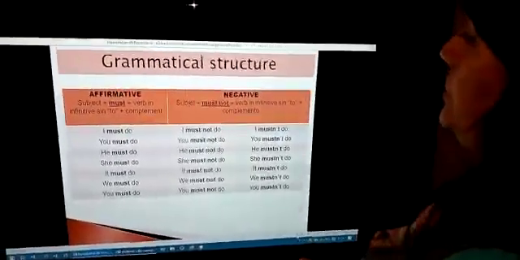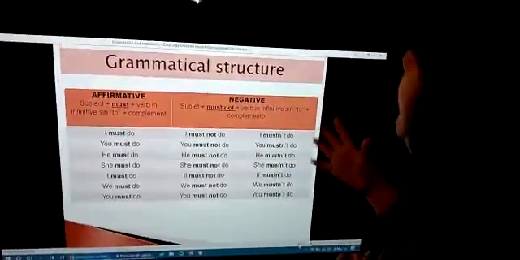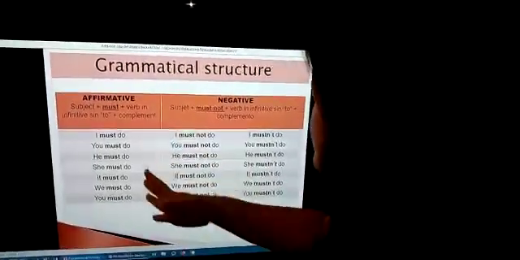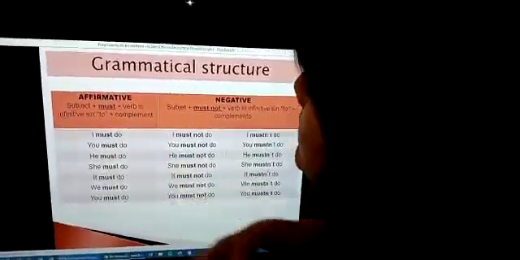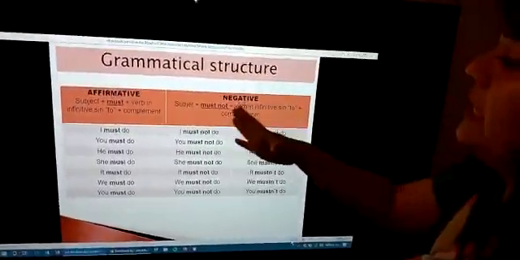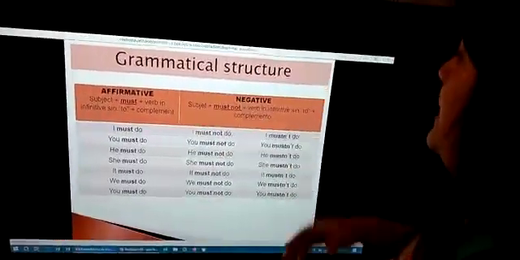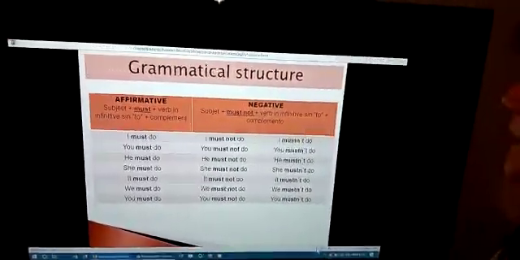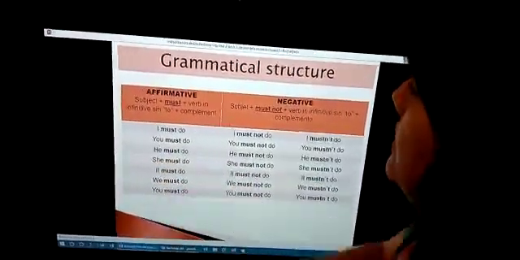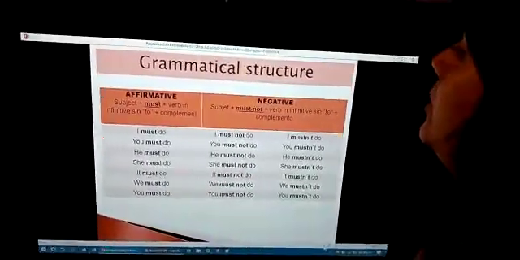Grammatical instruction. In the grammatical instruction you have affirmative and negative. Okay? The affirmative, the table says, is subject plus must plus verb in infinitive without to, plus complement. Look right here: the subject, must, the verb, and your complement.